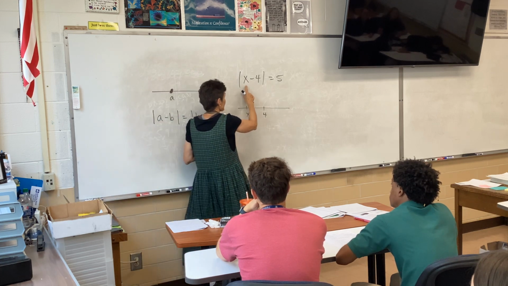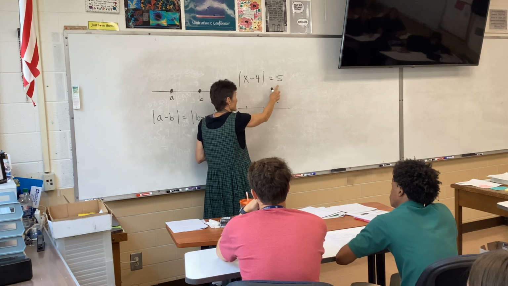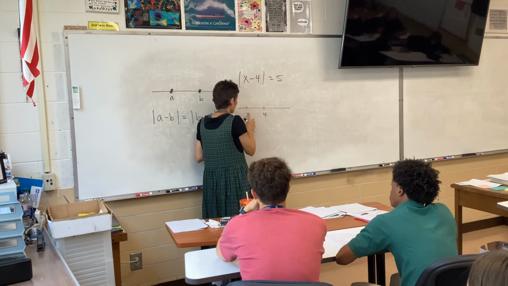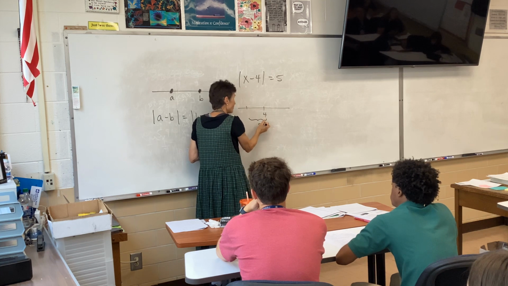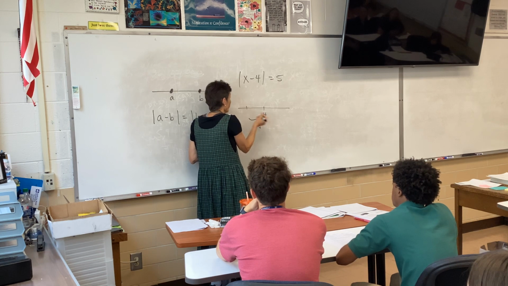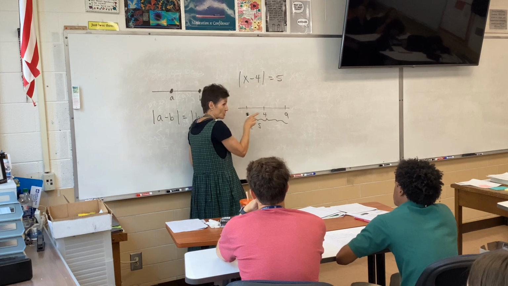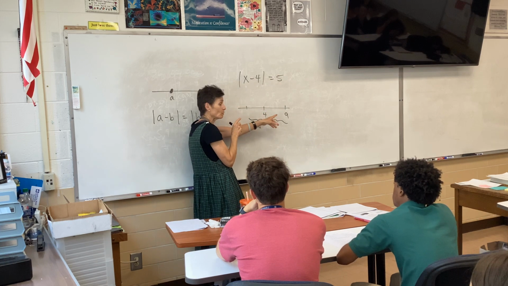So this says the distance between something and 4 is 5. So what should this number be? If the distance here is 5, then what is this number? Well, this one would be 9, right? Because it could be that way. So that one would be 9.